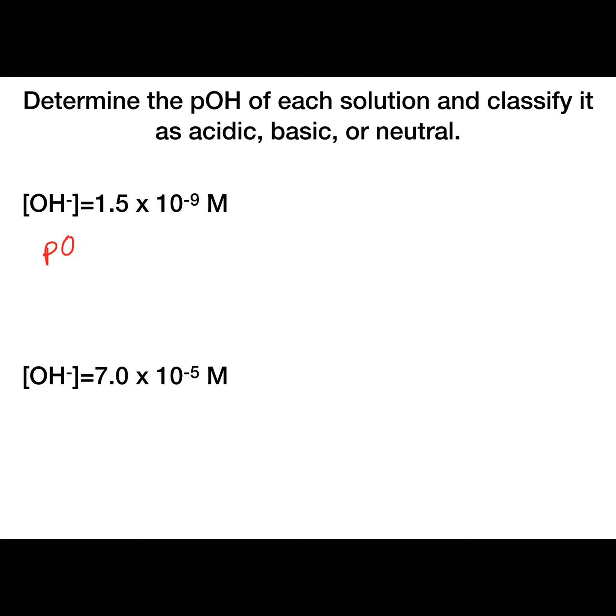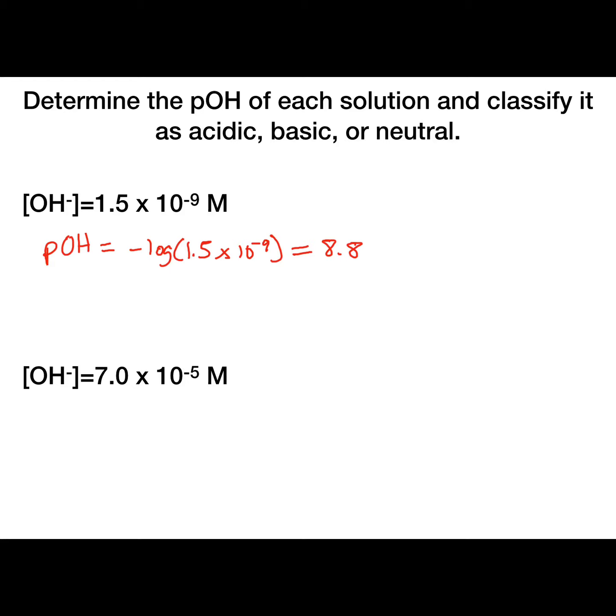So pOH equals the negative log of 1.5 times 10 to the negative 9th. When we plug this into our calculator, we get 8.8.